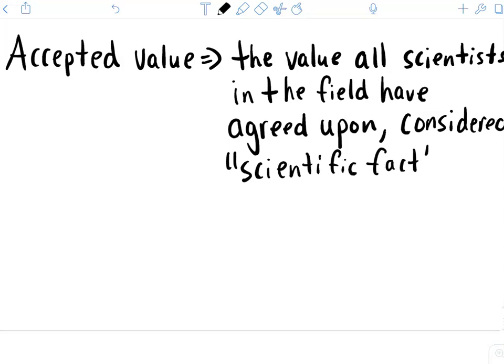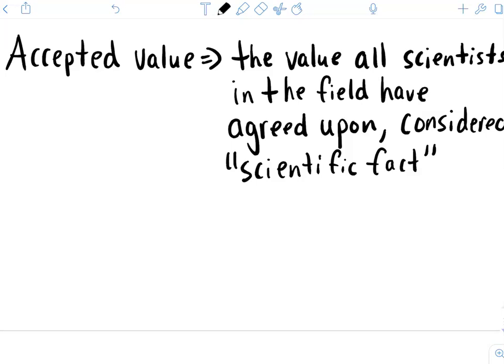And again, you will always be told whatever the accepted value is. Just to recap, accuracy is how close you are to that accepted value. Precision is how close all of your data points or numbers are to one another.